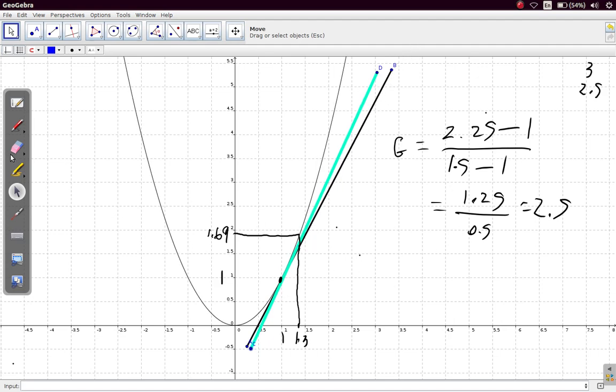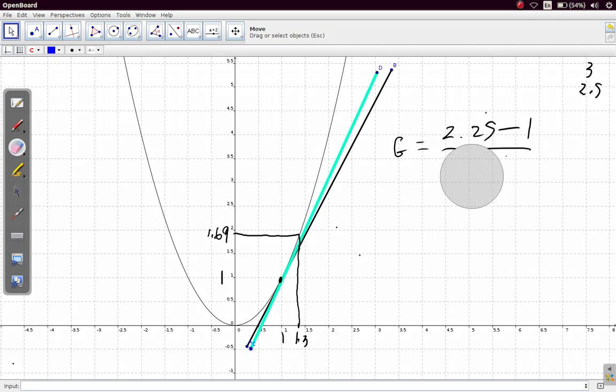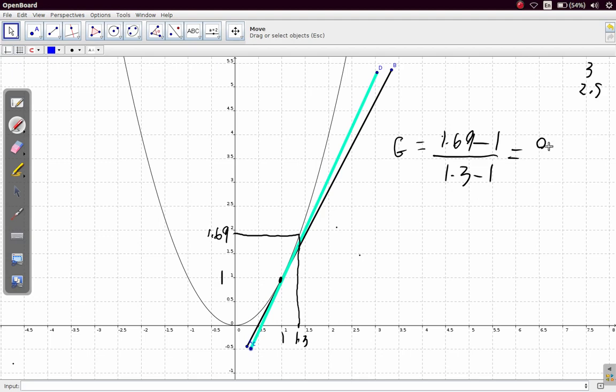Now, let's see what the new gradient is. When we moved our green line closer, we had y2, which is 1.69, minus y1, which remains at 1, over x2, which is 1.3, minus x1, which is 1. So 1.69 minus 1 is equal to 0.69, divided by 1.3 minus 1, which is 0.3.